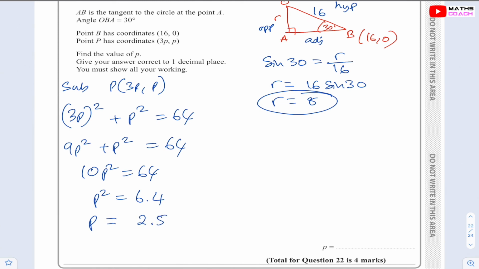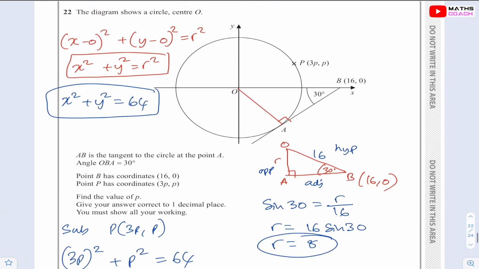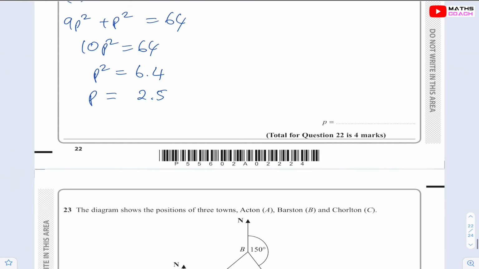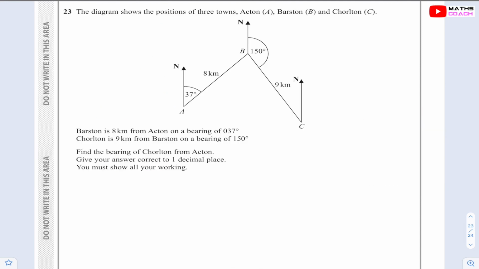It can also be plus and minus 2.5, as I said earlier on. But in this case, we know that our value of P here is positive because it's in the positive quadrant. So therefore, P is equal to just 2.5 positive. So the final answer, P is equal to 2.5 to 1 decimal place.